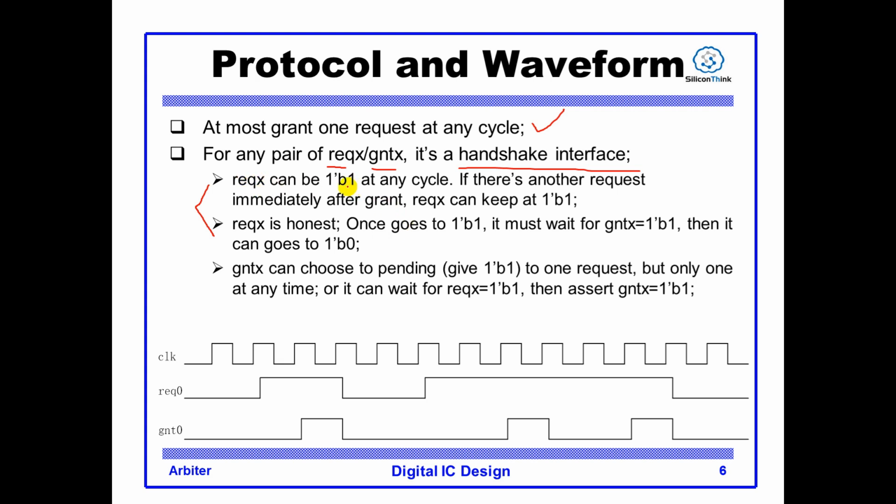For request, it can be active at any cycle if you want to request something, and you can keep the request active after grant if you want to access the destination again.